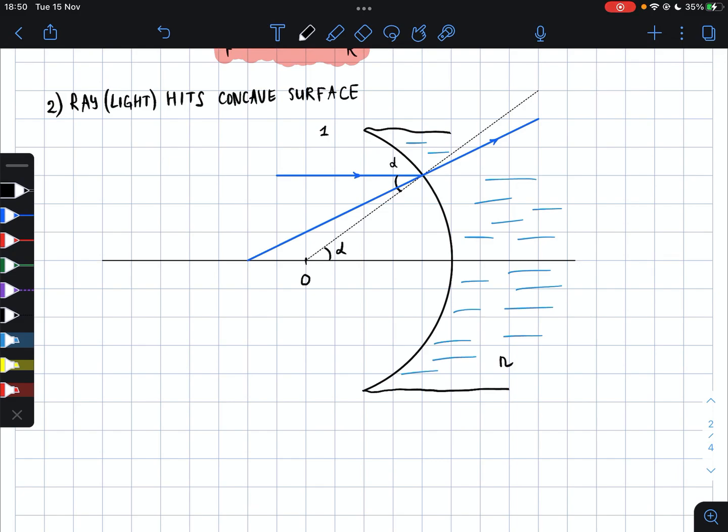Let's call this angle beta, because this is the angle of refraction. And this angle, for example, is gamma.